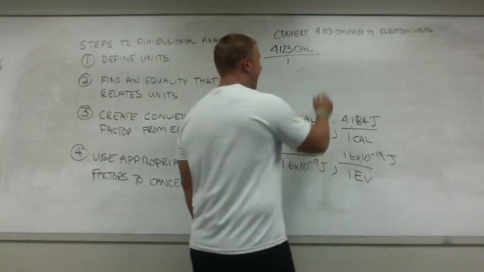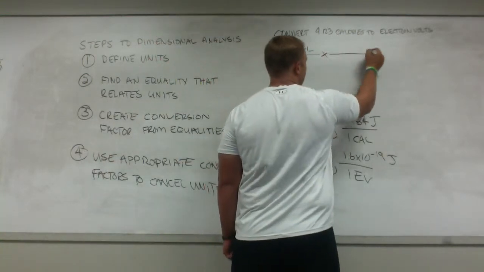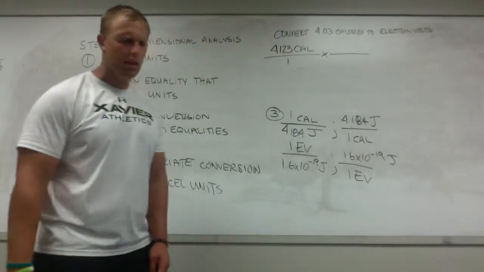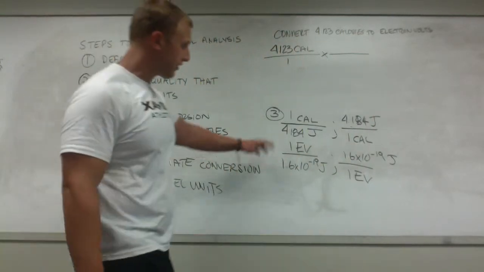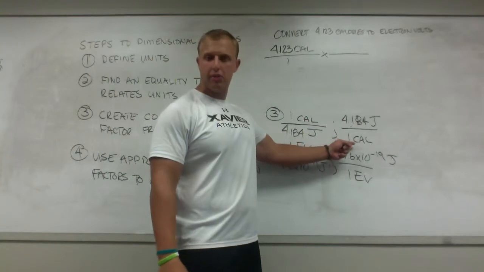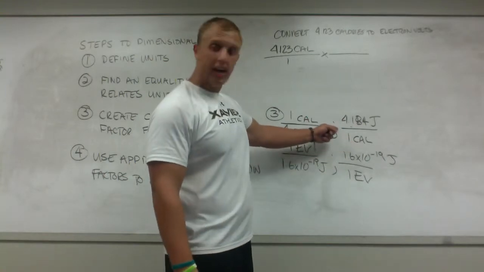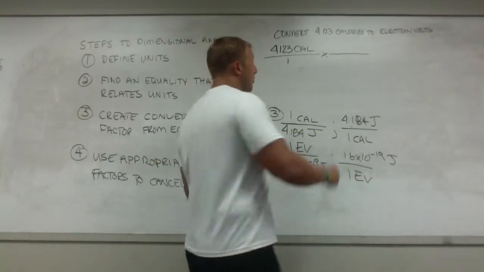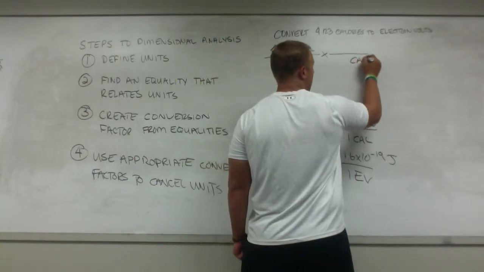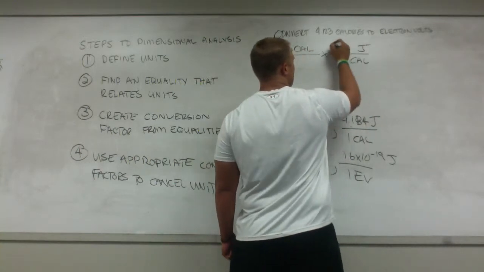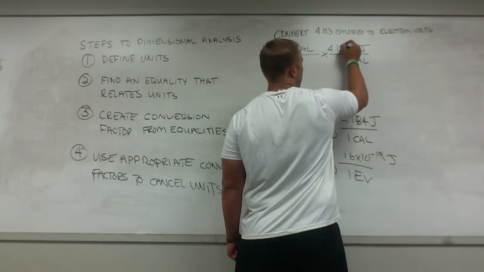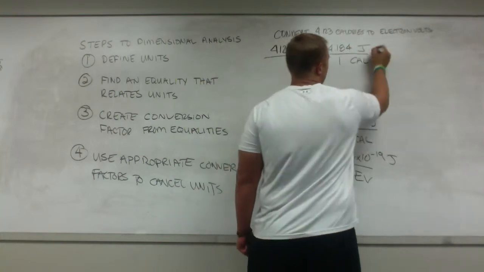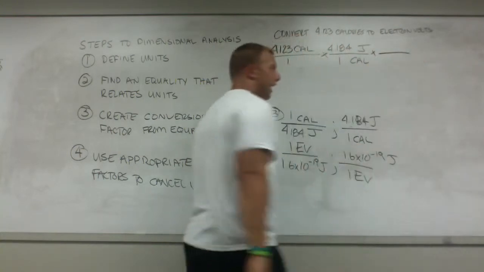So now we need our conversion factor that cancels out calories. Just looking at these 4 conversion factors, which one has calories on bottom? This one right here. That's the only one. We need calories on bottom to cancel our units. So then we bring up the numbers right here, 4.184 joules per calorie.